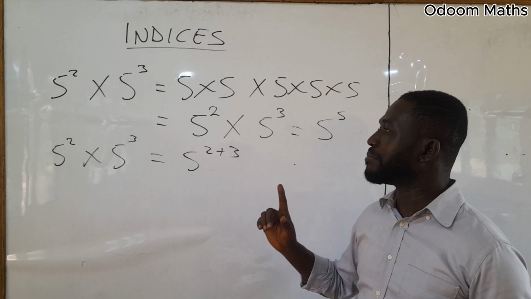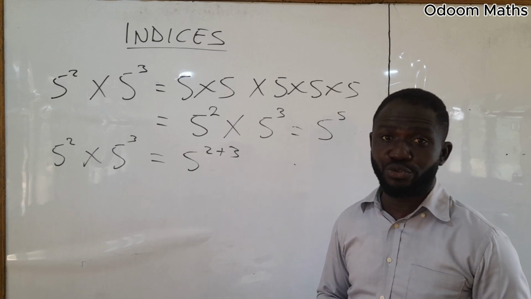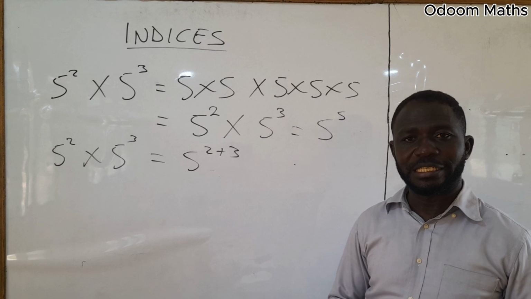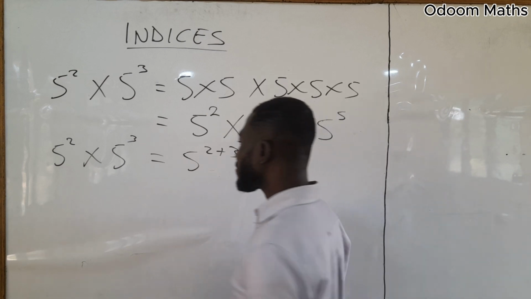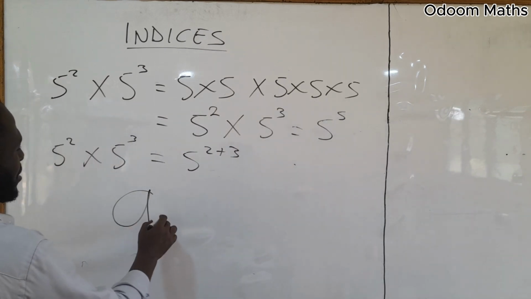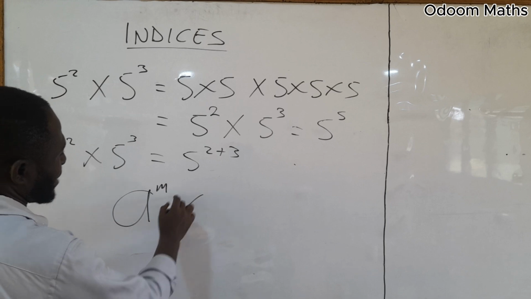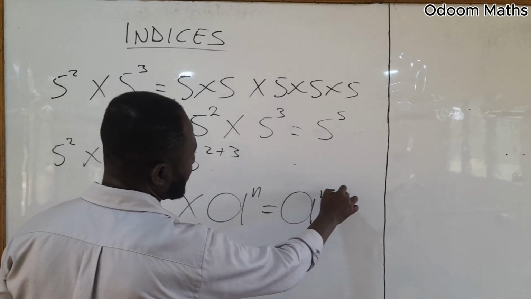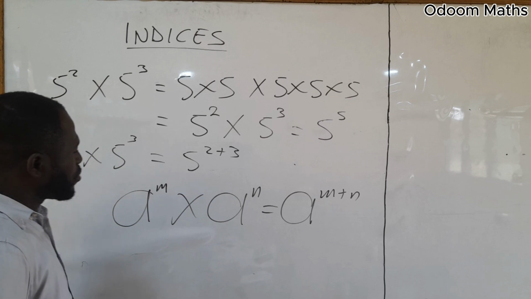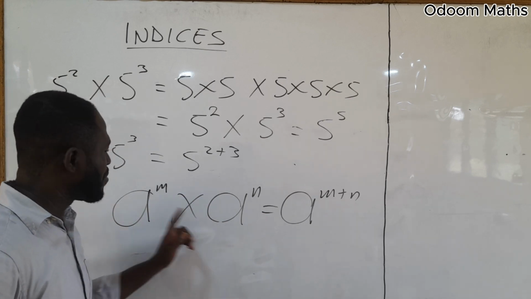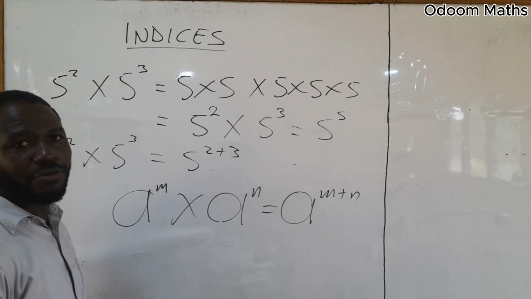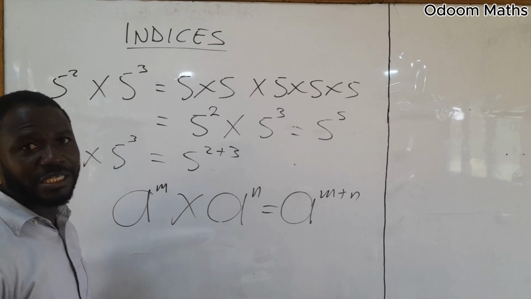This brings us to the first law of indices, which states that a to the power m times a to the power n becomes a to the power m plus n. So when they are of the same base multiplying, we add powers. This is the first law of indices.